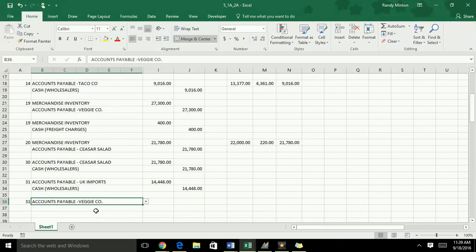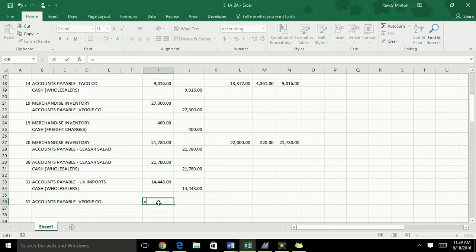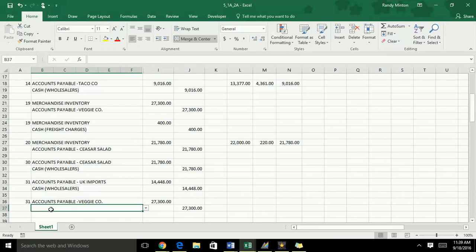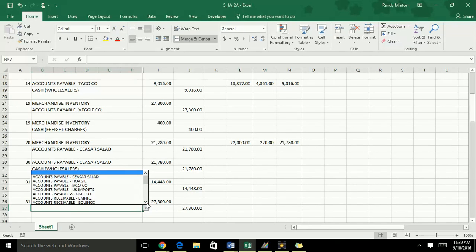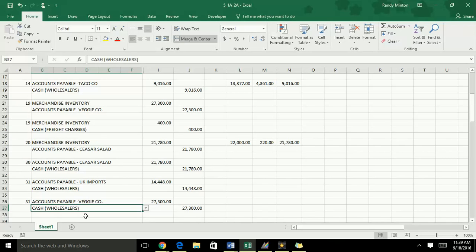In this case, it's Veggie Company. And we would come up and find the actual amount that we owe Veggie Company, which is right here. And I'm just going to say it's equal to this. And on the other side of this, we have cash to wholesalers. But again, it would just show up as regular cash. We wouldn't say for wholesalers or anything like that. I'm just trying to make it hopefully a little bit more understandable for you.